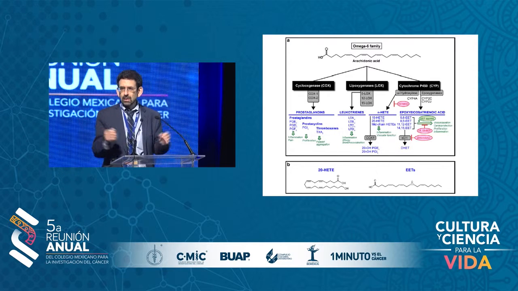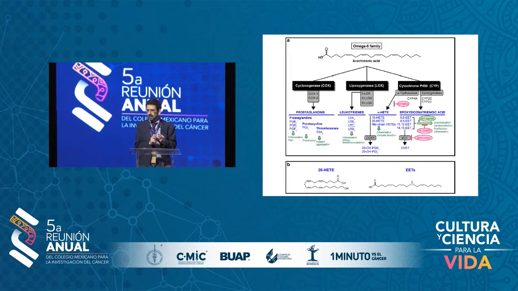So underlying all of this, there's eicosanoid signaling, and there is a conversion of arachidonic acid through the cytochrome P450 epoxygenase pathway, which is the less studied pathway of arachidonic acid metabolism.